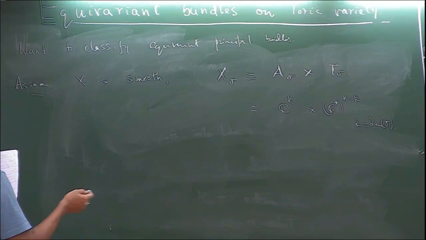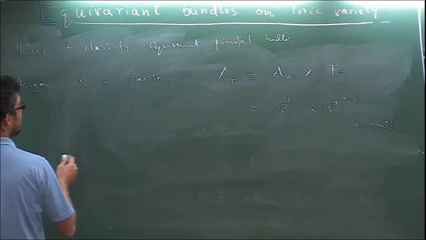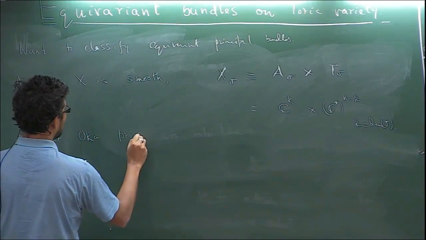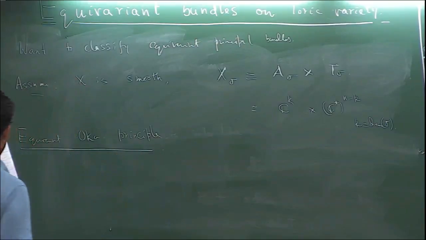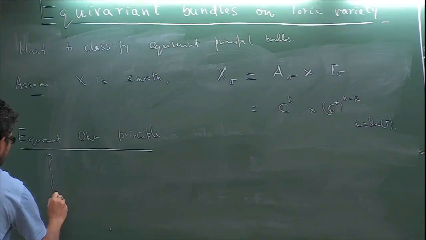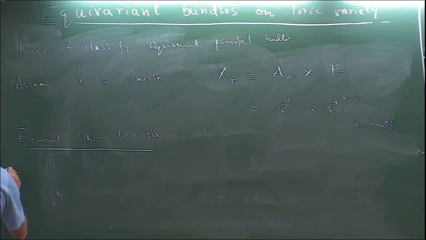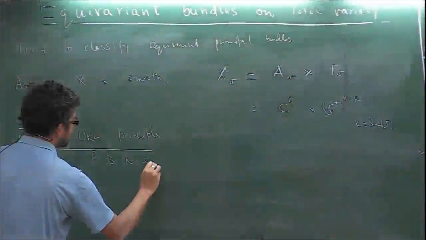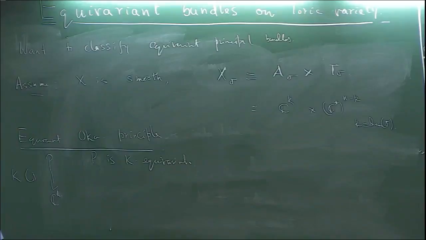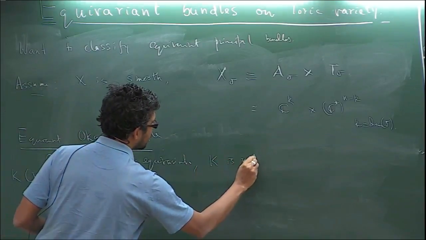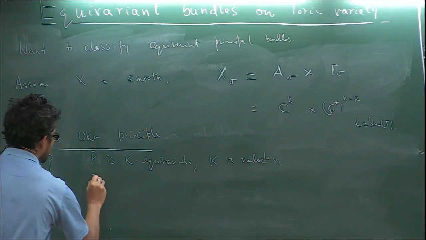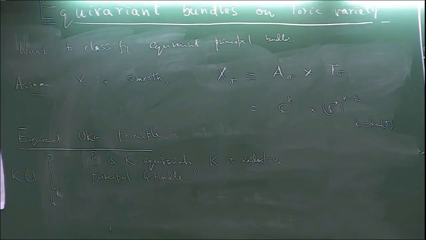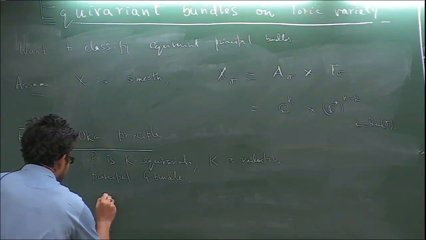So we will use a fact from the equivariant Oka principle, which says that if you have a principal G bundle on C^n or C^k, and K is a reductive group acting, so P is K equivariant, where K is reductive, then there exists a semi-equivariant section.